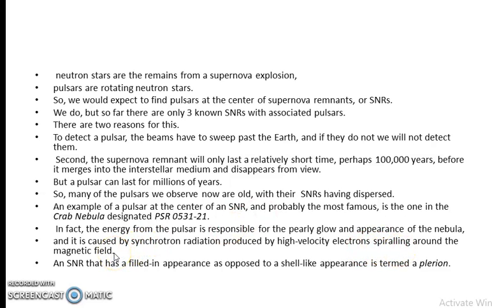This synchrotron radiation is produced when the high velocity electrons, traveling at speeds comparable to the velocity of light, not equal but comparable, spiral around the magnetic field of the star. And a supernova remnant that has a filled appearance as opposed to a shell-like appearance is termed a plerion.